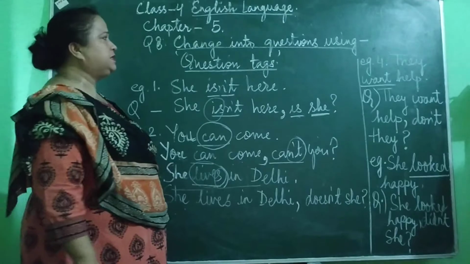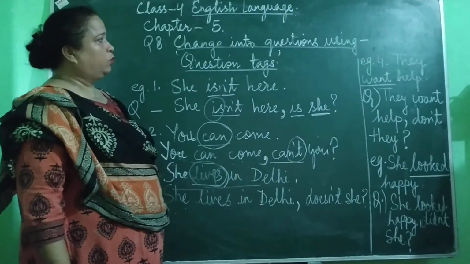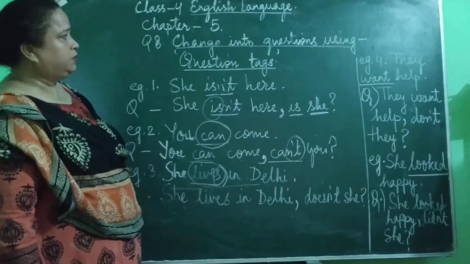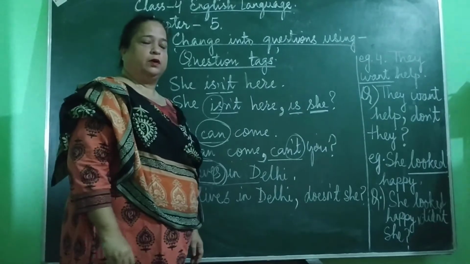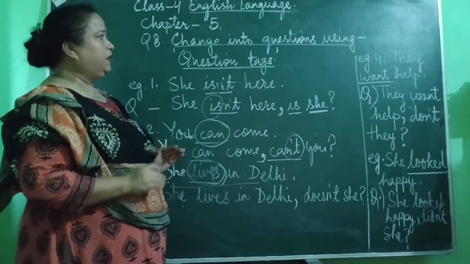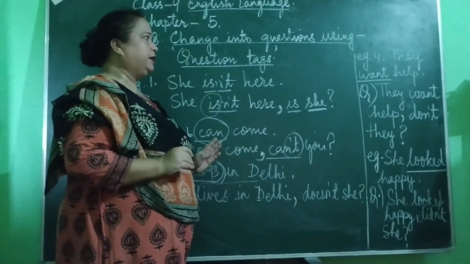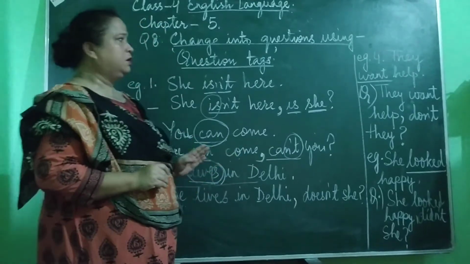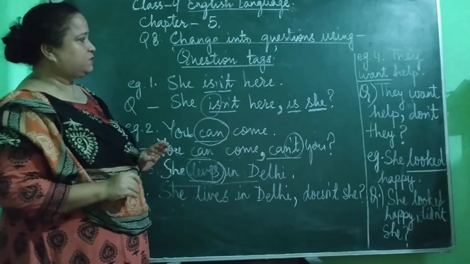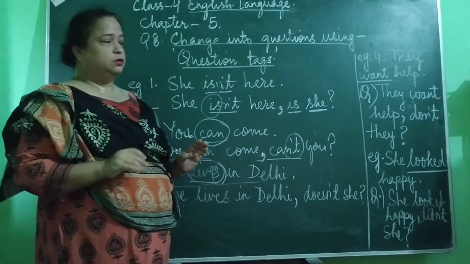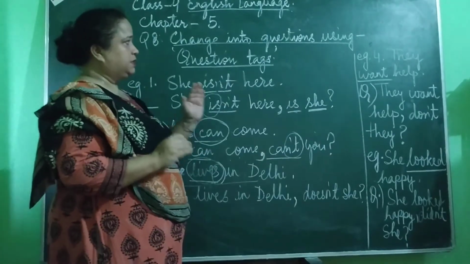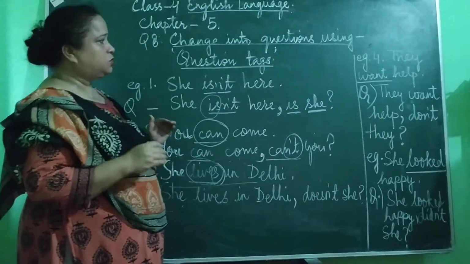If you look at the next example, they want help. So what did I do? Since there was no helping word, I focused mainly on the main verb, and the main verb is want. So since it is in the base form, I use the word do. So the sentence is in the positive form. So what do I do?